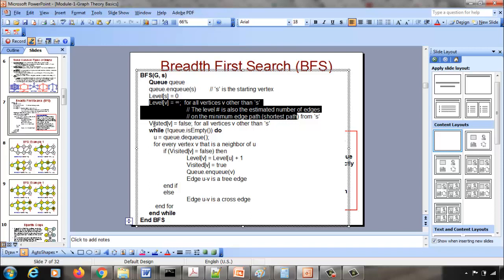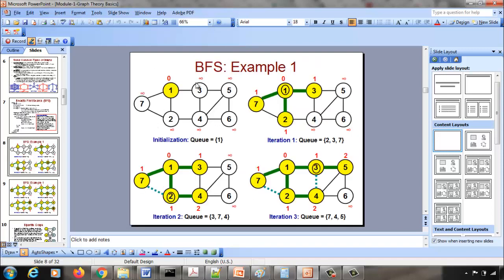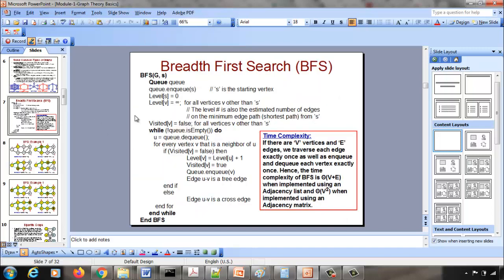For every vertex other than the starting vertex s, we set visited to false, and for the starting vertex s, it is set to true. In this example, we'll use color coding to indicate the visited status. So for vertex 1, we color it yellow to indicate it has been visited. The other vertices are not yet colored yellow, so they are not visited yet. These are the things you do in the initialization.